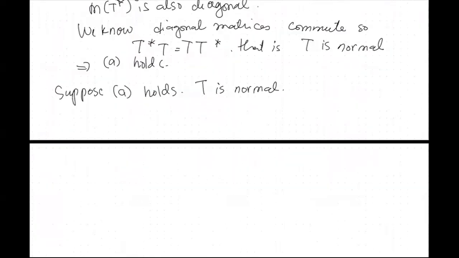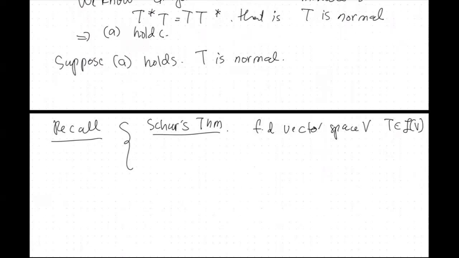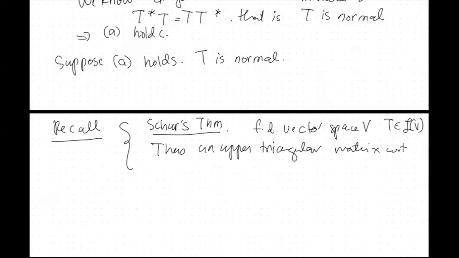Recall the following theorem, Schur's theorem, which says that if we have a finite dimensional vector space V and T a linear operator on V, then T has an upper triangular matrix with respect to some orthonormal basis of V. This is the theorem that we need.